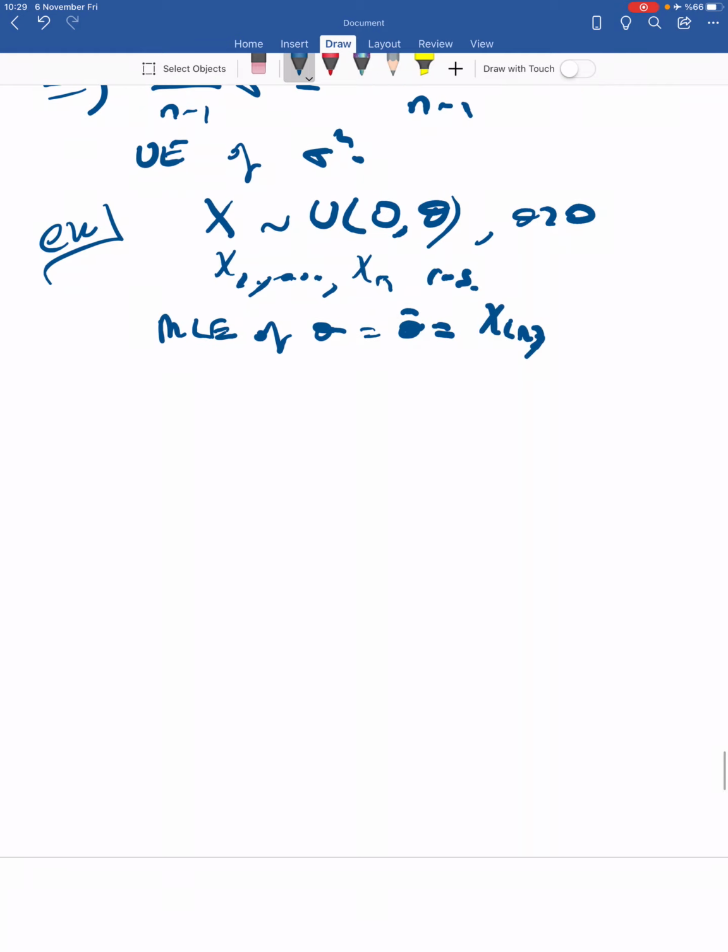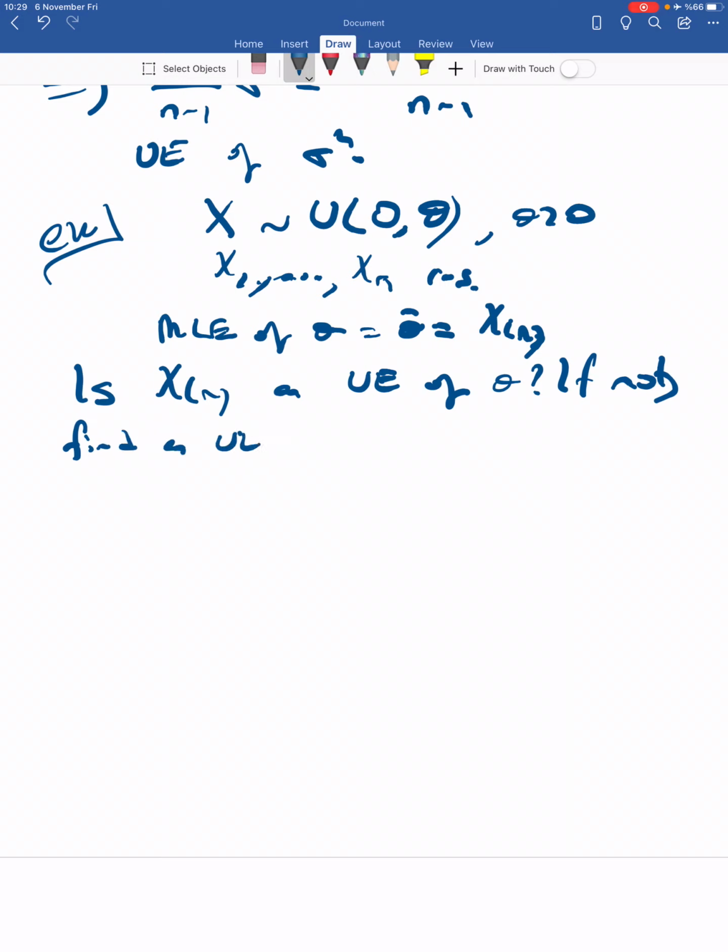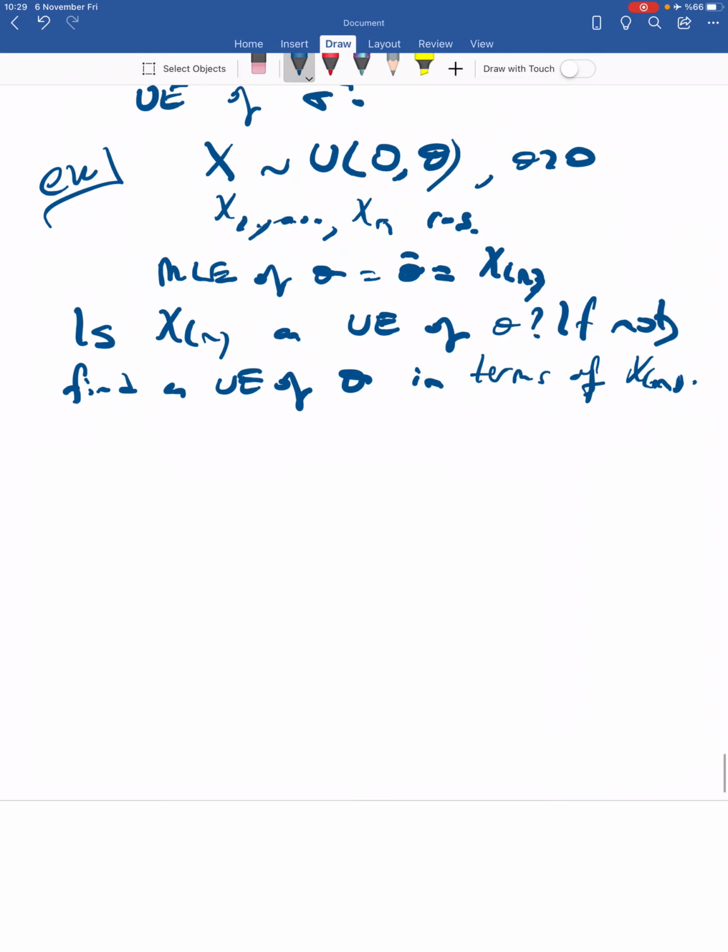The question is: is the MLE of theta an unbiased estimator of theta? If not, find an unbiased estimator of theta in terms of the nth order statistic.